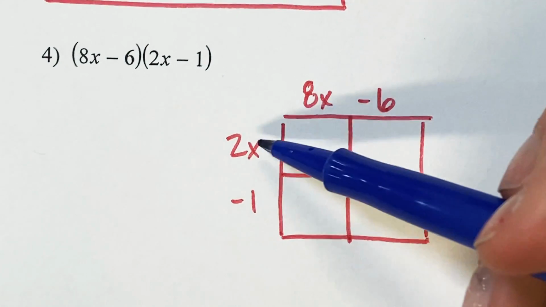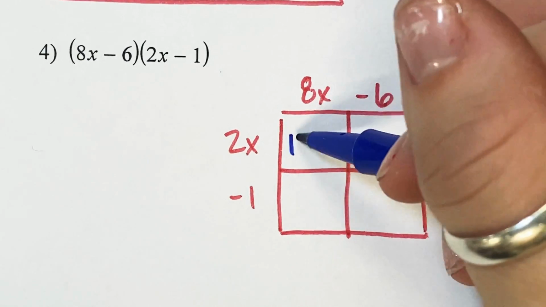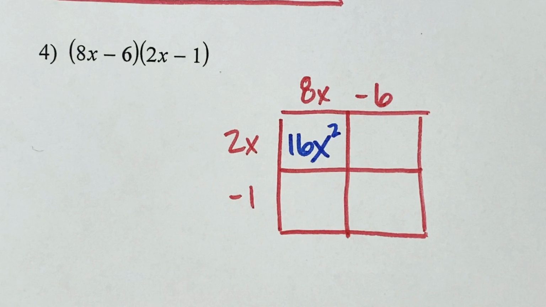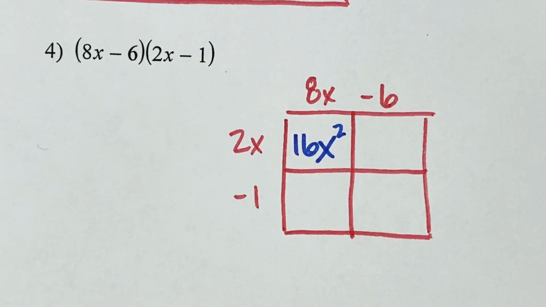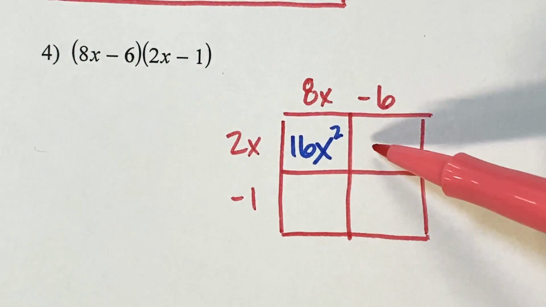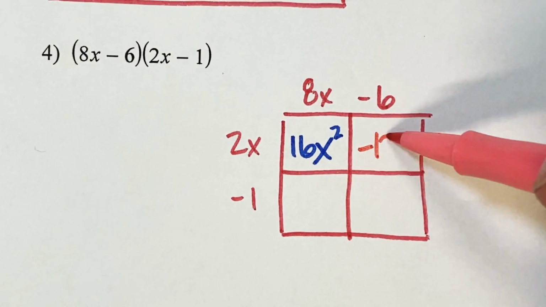So I have 8x times 2x. 8 times 2 is going to give me 16. The x's are being multiplied, so 16x squared. Okay, my next box lines up with negative 6 times 2x. Negative 6 times a positive 2 is going to give me negative 12.